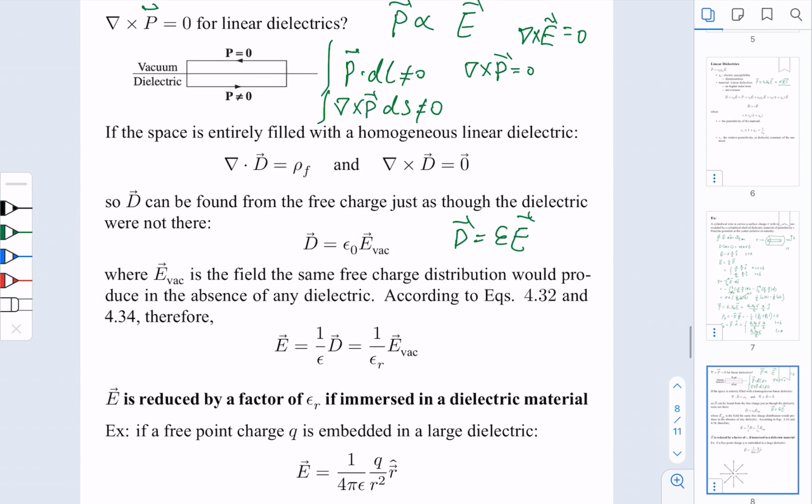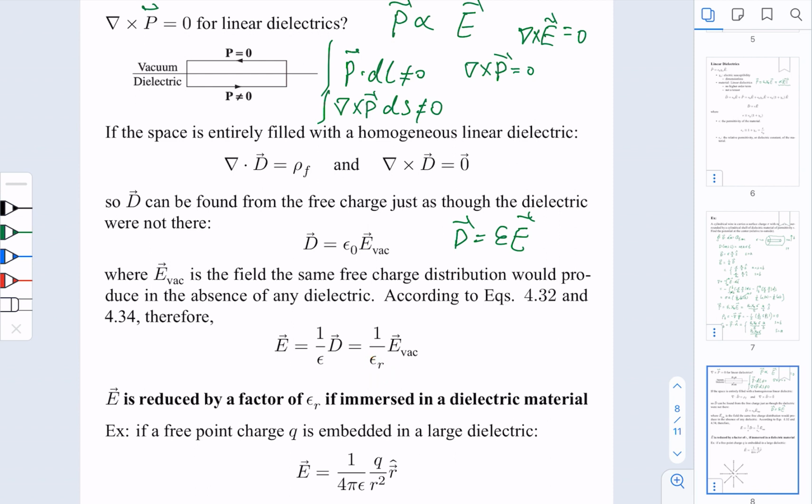So if you compare the E field in a material with the E field without the material, there is a constant difference of epsilon relative.